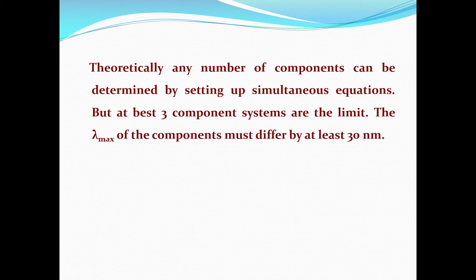If the lambda max values are closer than that, the percentage of error for each element increases exponentially depending upon the distance separating the different peaks. Okay, but still it has been used in a number of applications and it is a wonderful technique.